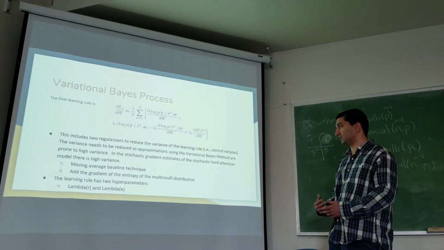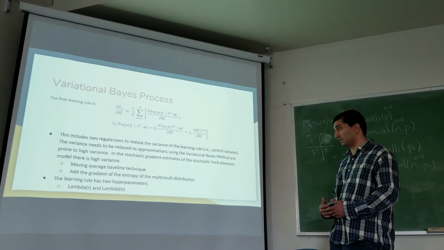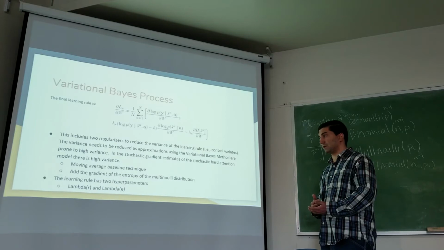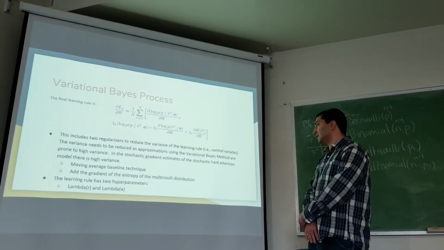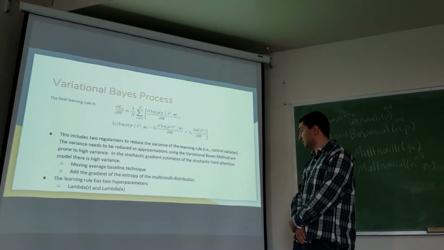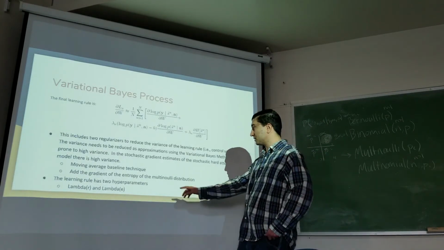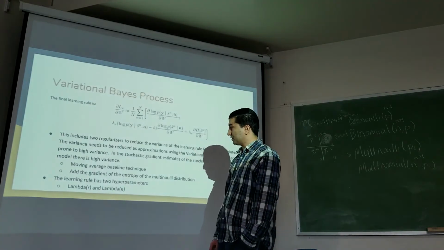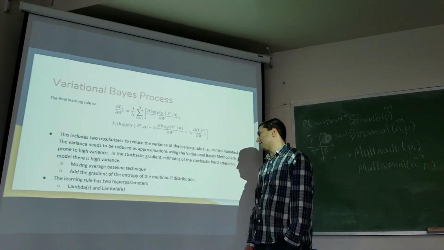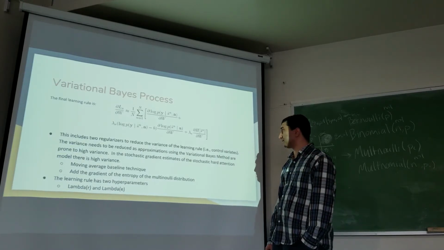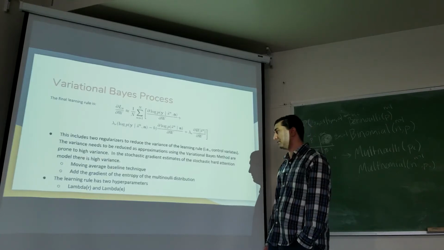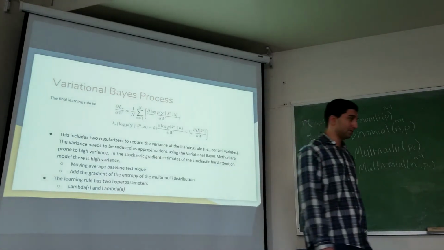So we can add these control variates to reduce the variance but keep the expectation the same. So again, in the stochastic gradient estimates of the stochastic hard attention model, there is high variance, and we use a moving average baseline technique, and we also add the gradient of the entropy of the multinoulli distribution. This model also has two hyperparameters added to it, lambda r and lambda e.